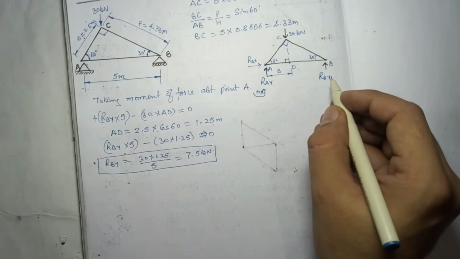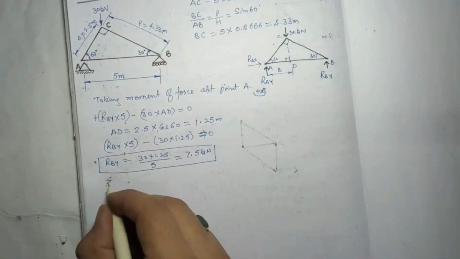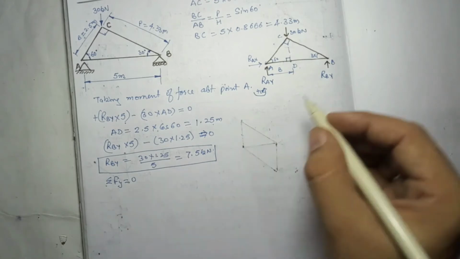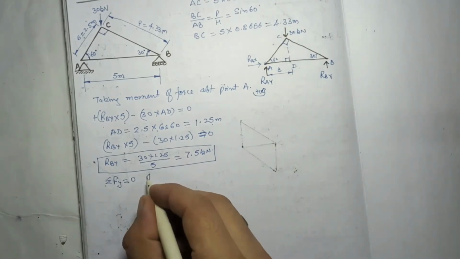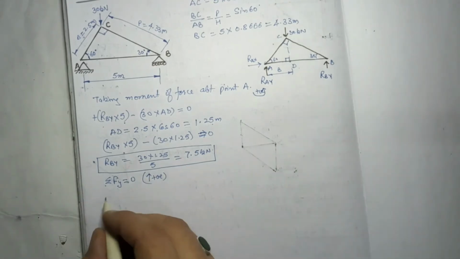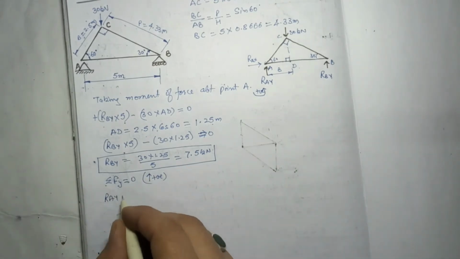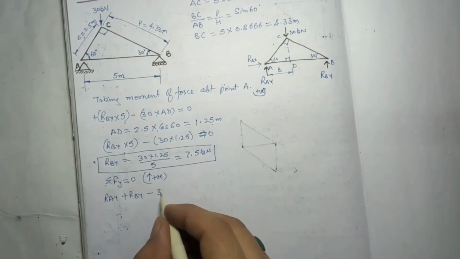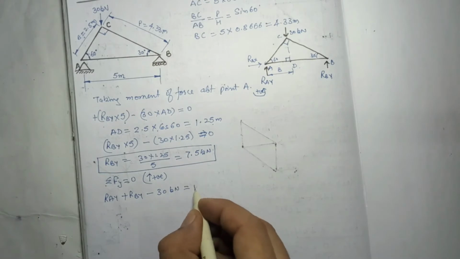Now we will go for the next, that is RAY. For that we can take the equation summation of Fy equal to 0, all the forces in vertical direction 0. Now let's say I have taken upward direction positive. Now what are the forces in upward direction? RAY plus RBY, minus 30 kilonewton, that is equal to 0.